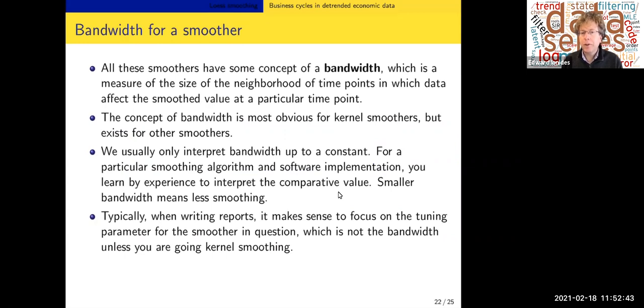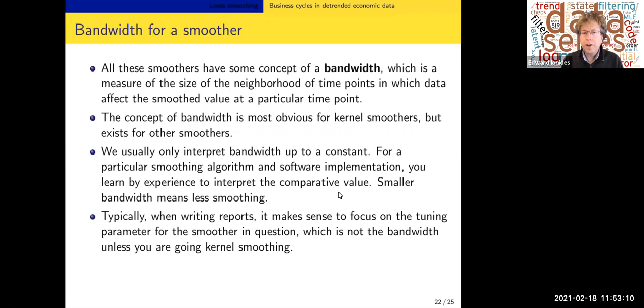The concept of bandwidth is most obvious for kernel smoothers, because in kernel smoothers you're using a kernel to describe the local neighborhoods that you're looking at for the smoothing. But all smoothers have some such localization idea.